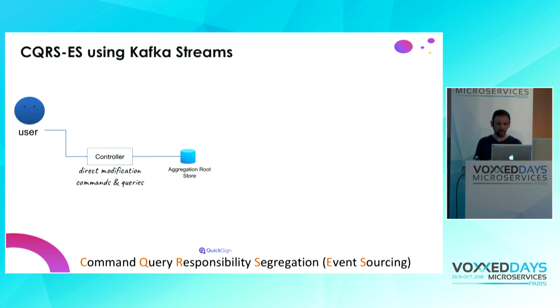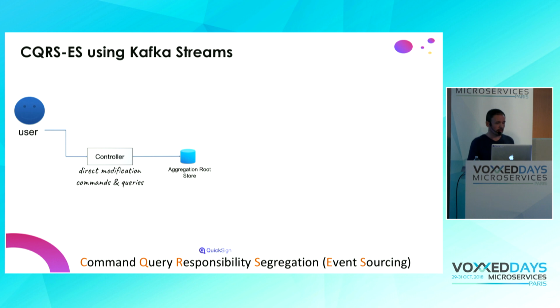CQRS-ES is a very important pattern that we use at Quicksign to enforce that traceability and that non-repeatability. It stands for Command and Query Responsibility Segregation with Event Sourcing.